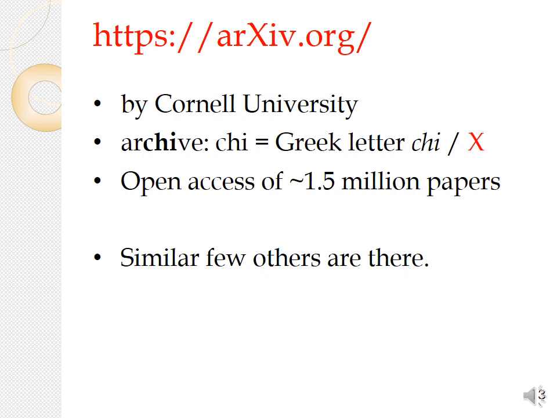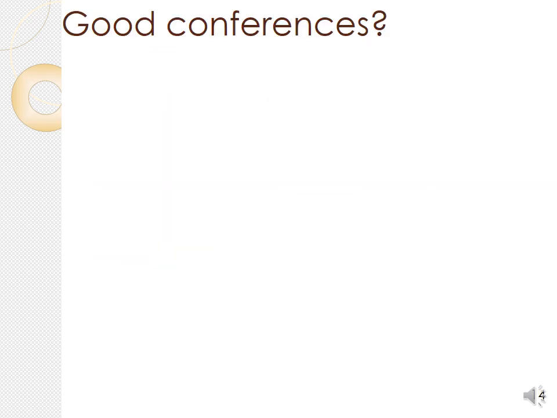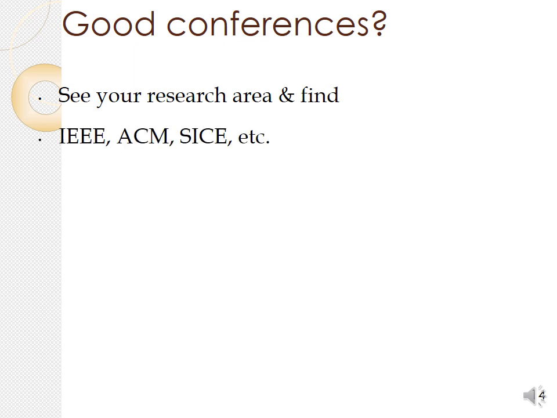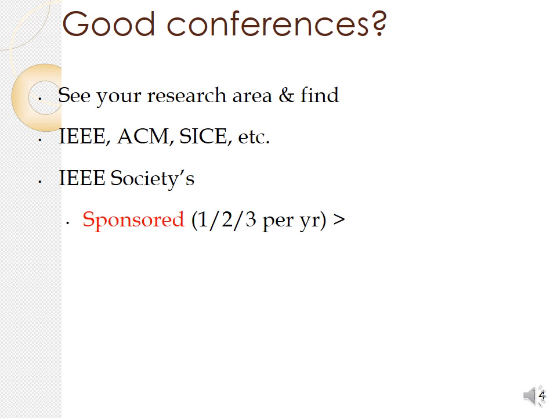In a few other domains, conferences. It's also difficult, but definitely see your research area and find whether there are some conferences related to it. For example, in my field, like IEEE, SMC, and so on. If I consider IEEE-sponsored conferences, one society, for example, arranges one or two or three major conferences per year.